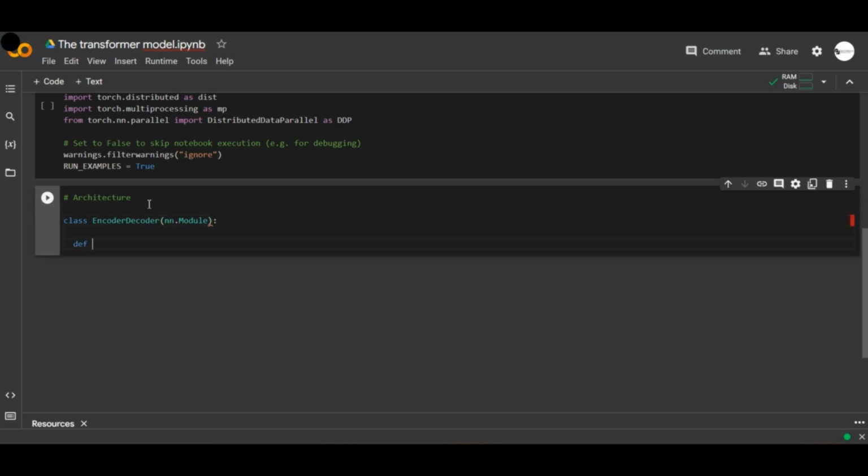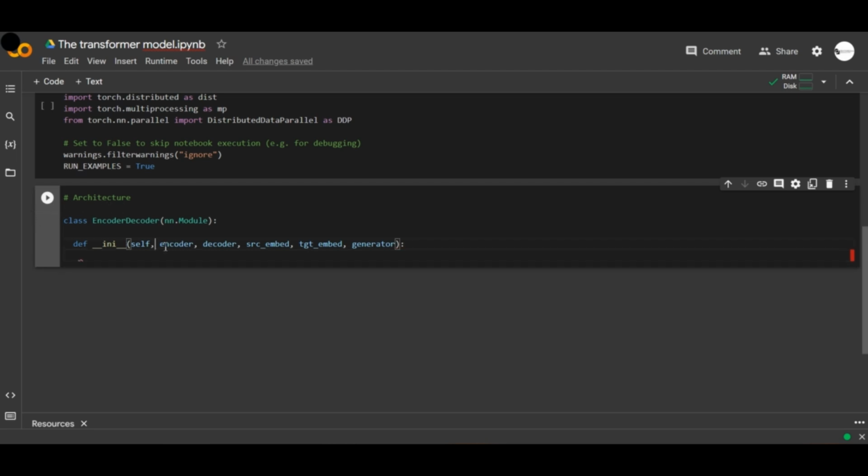Then we initialize. The encoder-decoder architecture takes the encoder, the decoder, the source embed, the target embed, and the generator. So this is the encoder, this is the decoder, and we're going to code these up so we understand them.